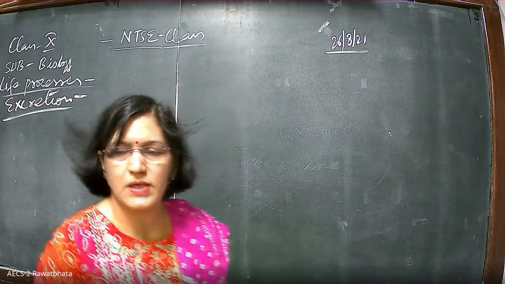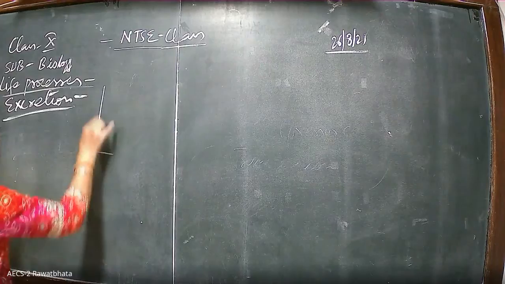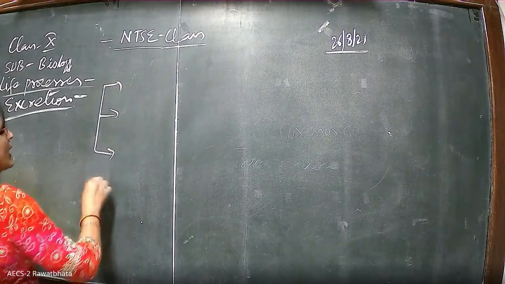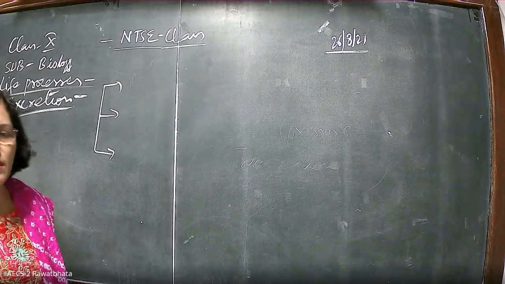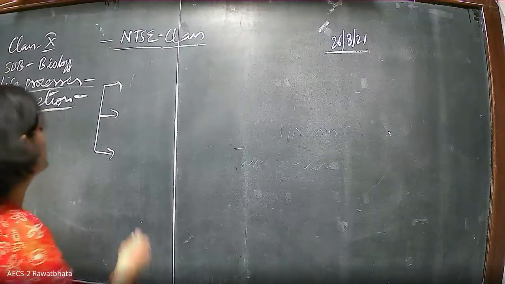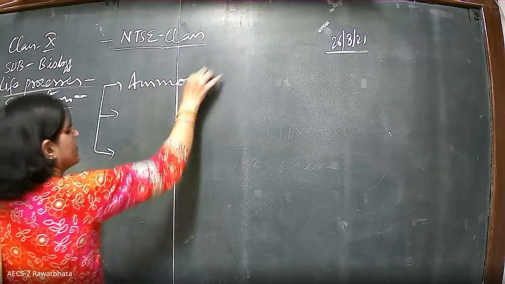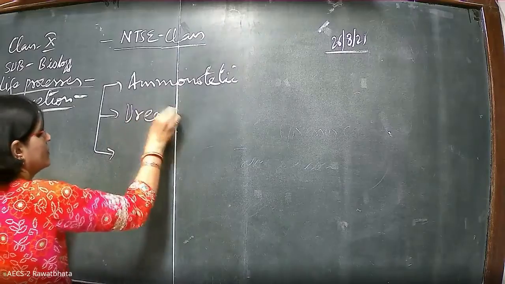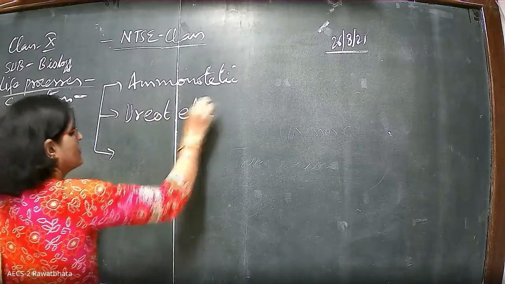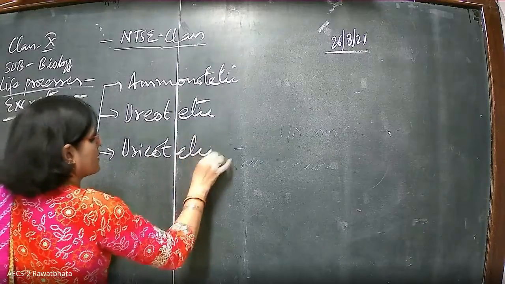We'll be dealing with the last heading now, that is excretion, classified based on the end products. Based on the end products, that means the waste that we are excreting, there are three categories: ammoniotelic, ureotelic, and uricotelic.